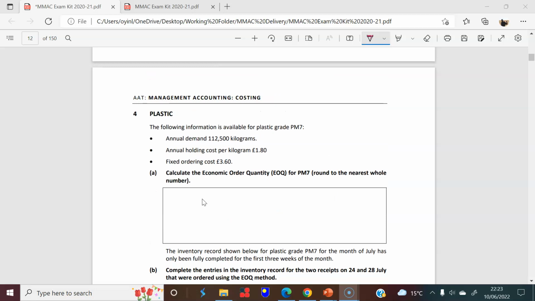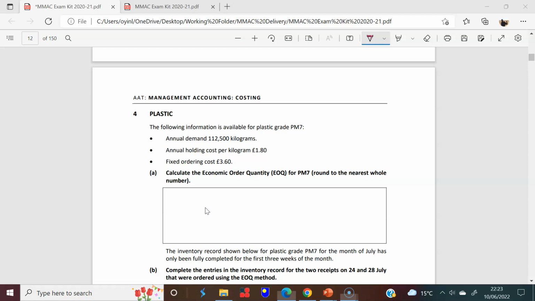Now, question 4 says plastic. It says the following information is available for the plastic grade PM7, they want us to calculate the economic order quantity. So we have this formula for finding out the best amount of goods to actually order.